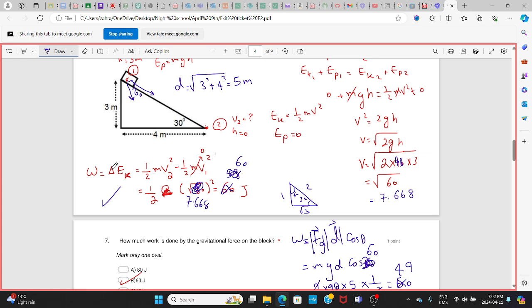We did prove that in the slides we did on Tuesday. The work is equivalent to the change in kinetic energy. Remember that? And changing kinetic energy means kinetic energy at point 2, or final kinetic energy, minus kinetic energy at point 1. Oh, yes. Oh, so sorry. No worries.